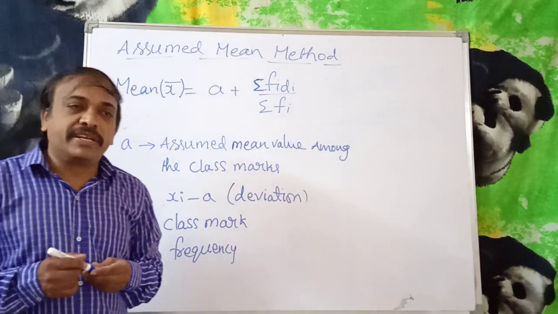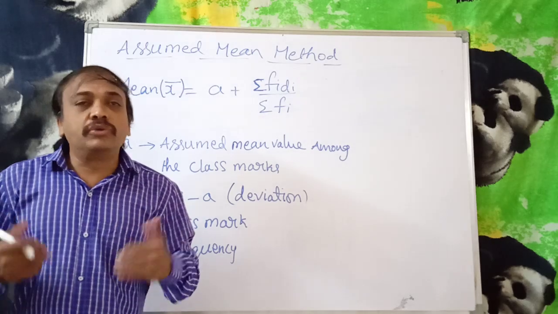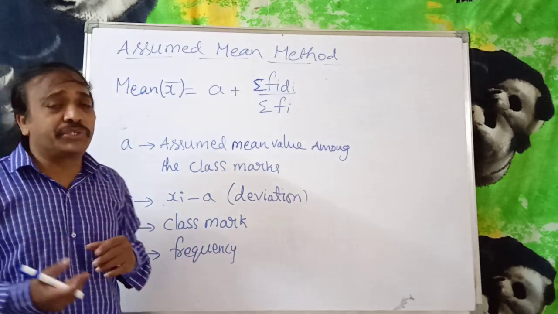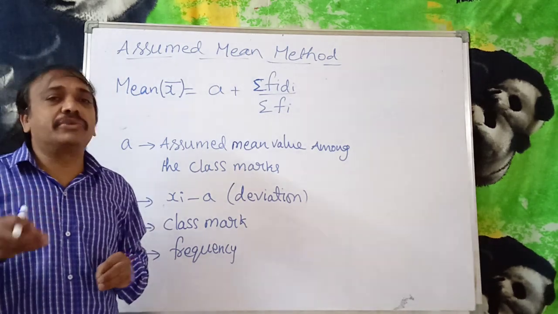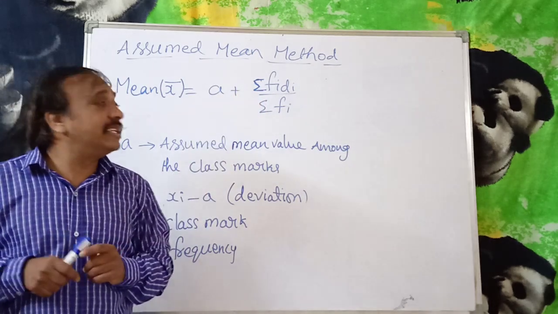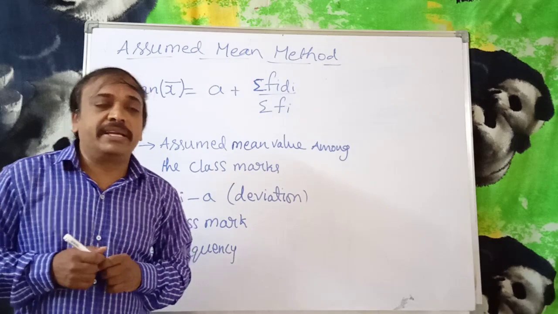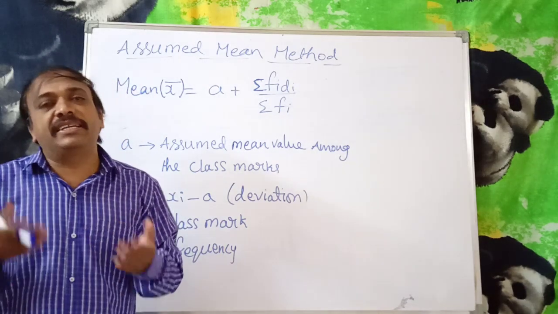Let us discuss the assumed mean method: how to calculate, how to obtain the di values, and how to substitute those values in the formula a plus sigma fi di by sigma fi. Why are we using these formulas? Why the assumed mean method and step deviation?